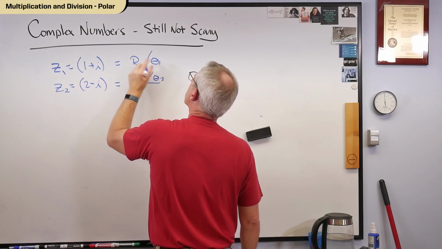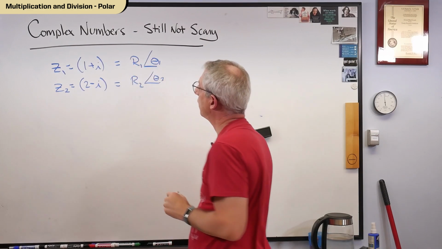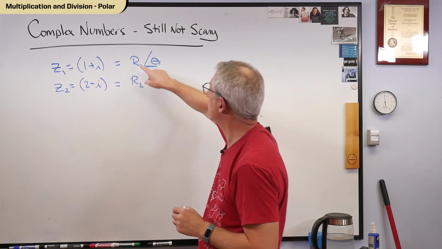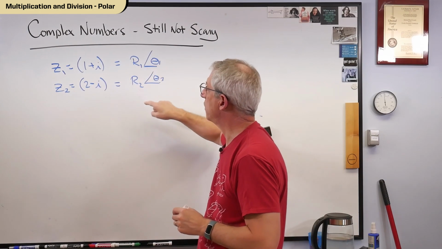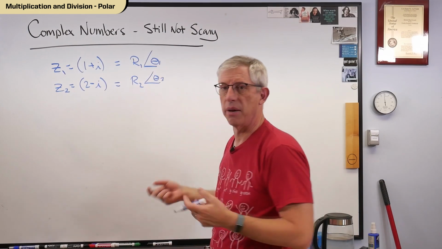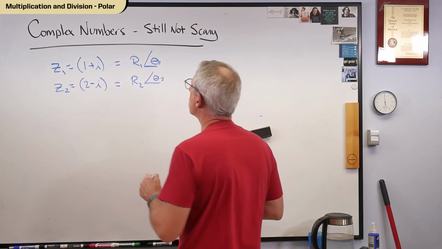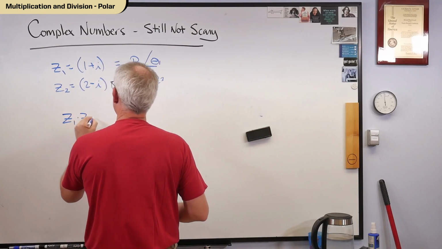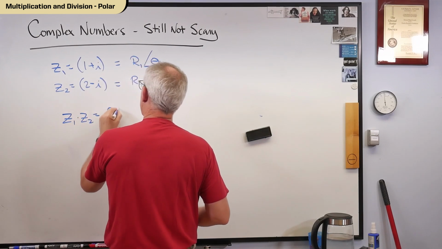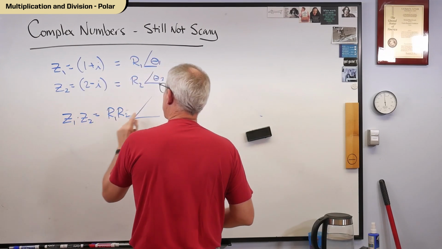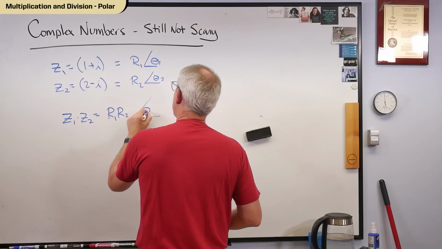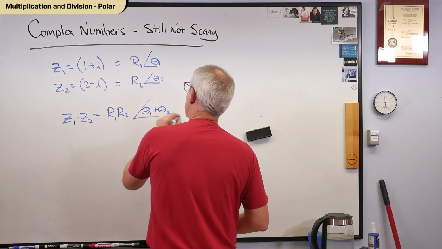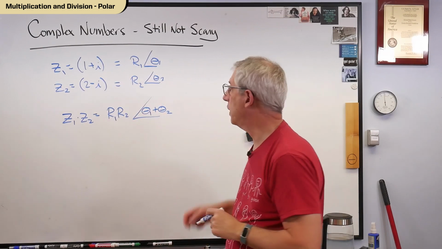I can write this out as R1 at angle theta 1 and R2 at angle theta 2. That's equivalent to a plus ib like we've seen before. So Z1 times Z2 equals R1 times R2, at the angle theta 1 plus theta 2. That's all there is to it.